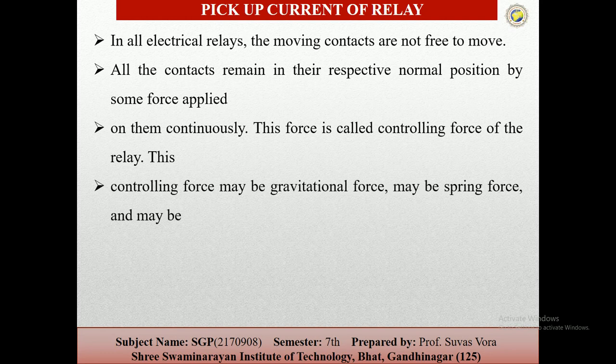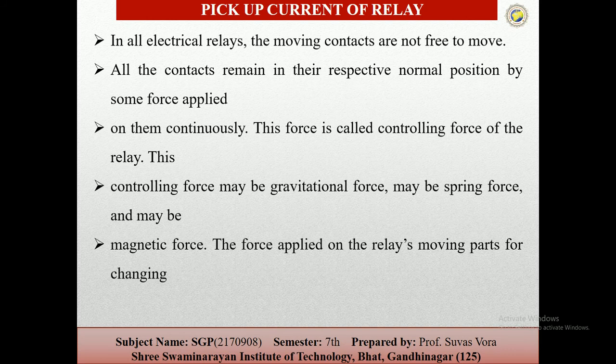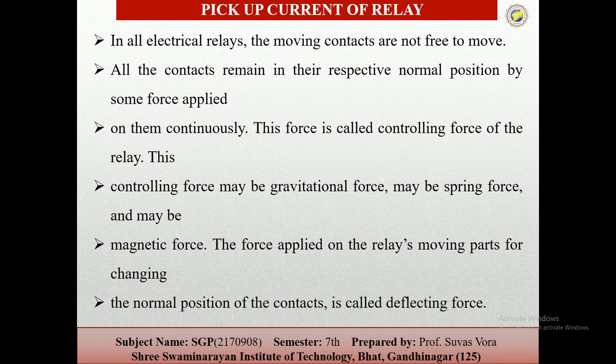This controlling force may be gravitational force, spring force, or magnetic force. The force applied on the relay's moving part for changing the normal positions of the contact is called the deflecting force.